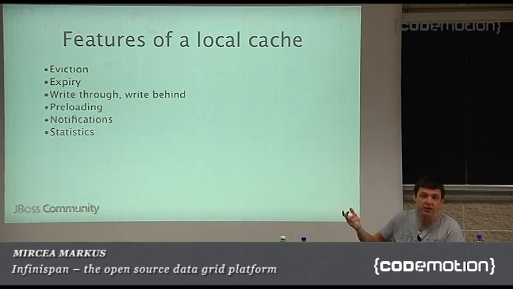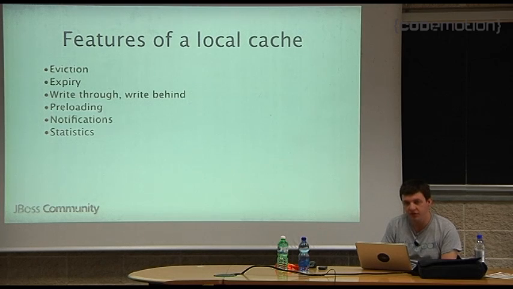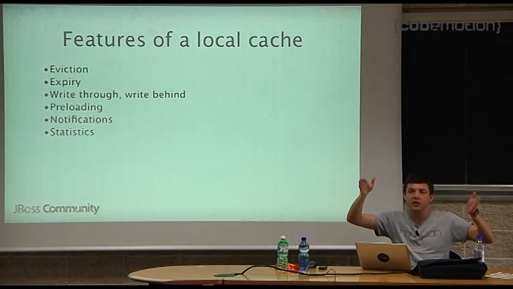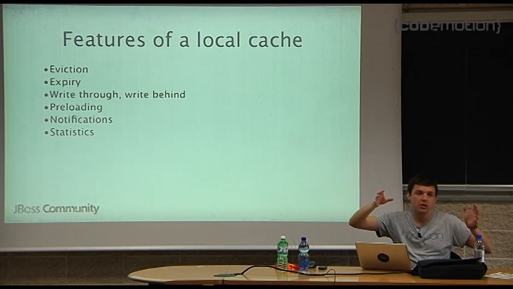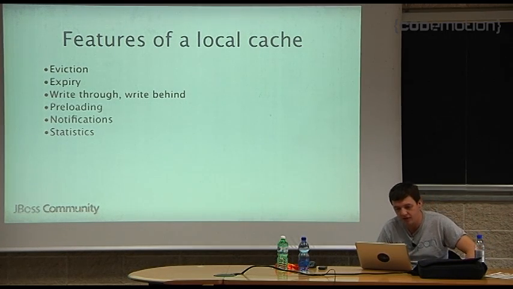Well, for that you can use a concurrent hash map or a hash map, but you don't really want to do that for several reasons. Infinispan and any other JSR 107 compliant caching library gives you eviction. That means you'll only keep in memory whatever is relevant, whatever is frequently used, or whatever was recently used.